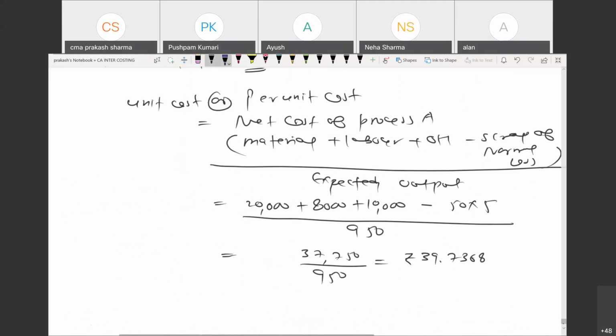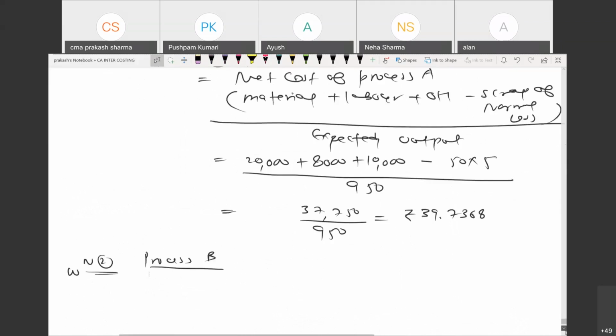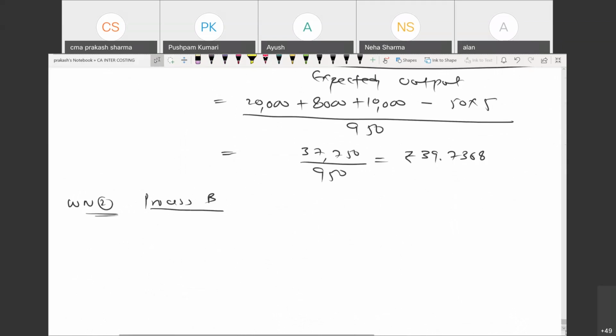Okay, sir. This is for process B. So how many units are introduced in process B? There are 910 units only which are transferred from process A. It might be possible in some question that some additional quantity of material may also be added in the next process.